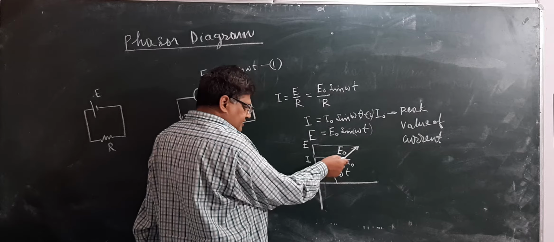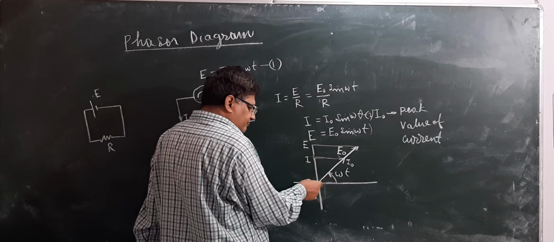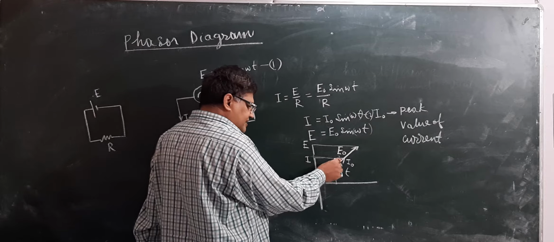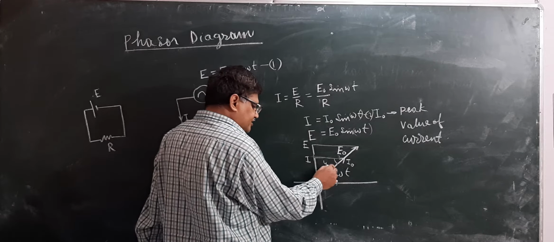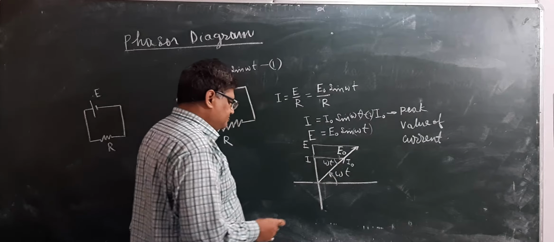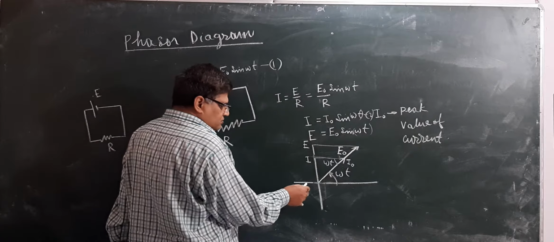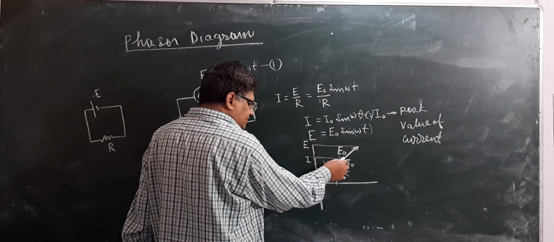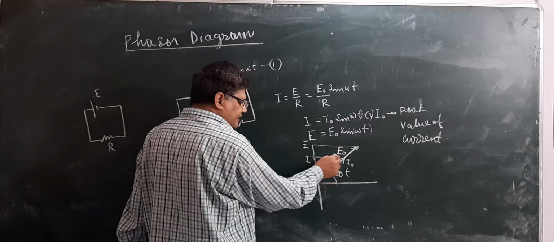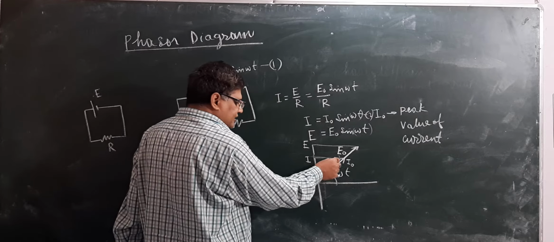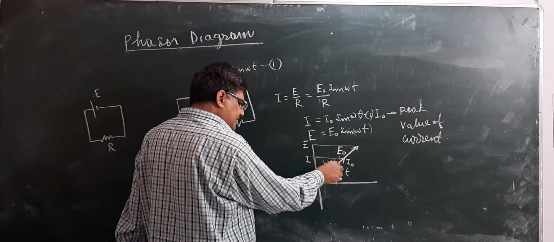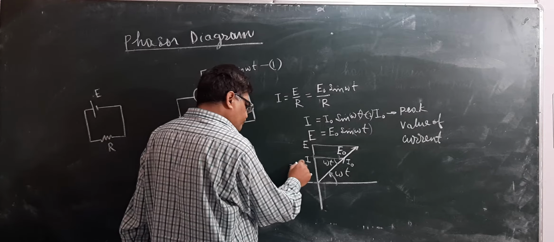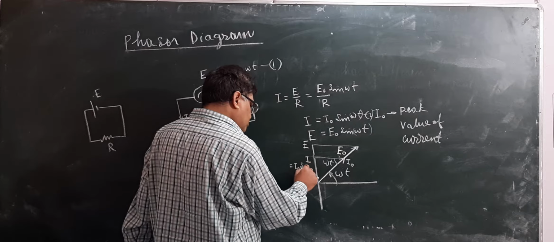If this line and this line are parallel, then this angle and this angle will be equal, and this angle is omega t, so obviously this angle is also equal to omega t. Now this length is I naught, which is the hypotenuse of this right angle triangle, and this angle is omega t. So the length of the side opposite to the angle omega t will be I naught sine omega t.